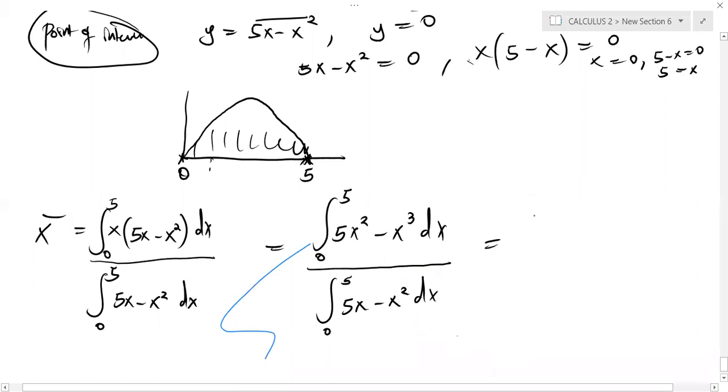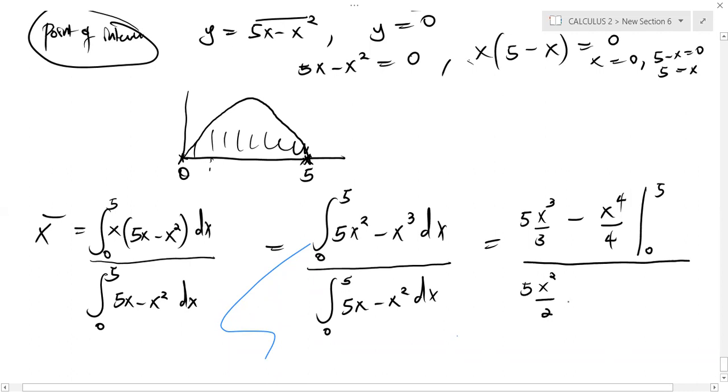Integrating on top here, we have 5x cubed over 3 minus x raised to power 4 over 4. Range is from 0 to 5. All this divided by, integrating down here, we have 5x raised to power 2 over 2, minus x raised to power 3 over 3. Integral is from 0 to 5.